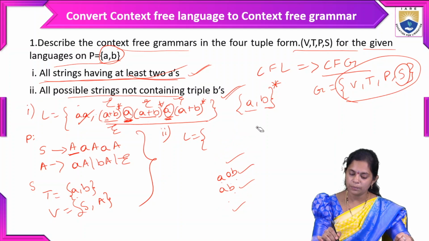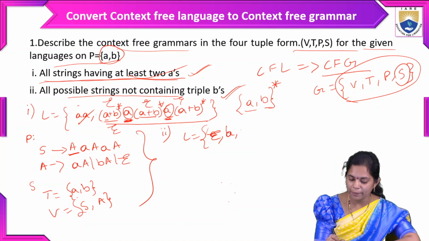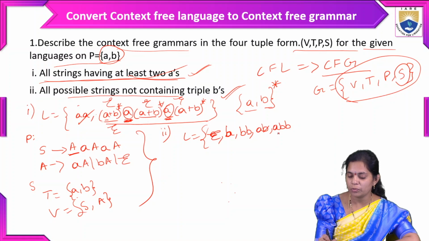So here, S starts with epsilon, and then A, B and BB. Triple B is not accepted, so we will stop it here.